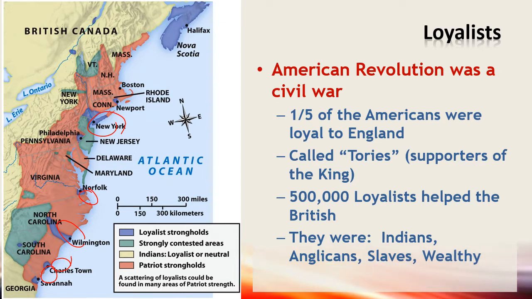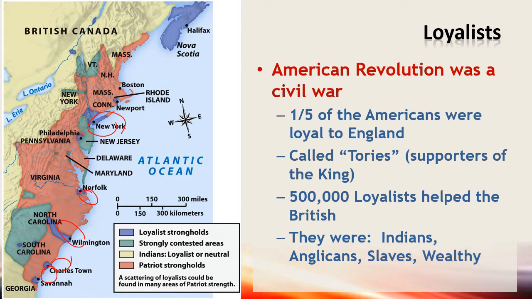If you look on the left, I have a map showing where the Loyalists are concentrated, and you can see that you're going to find more Loyalists in the north. You're going to find more of them in cities. So look at these coastal town areas here, Charlestown, Savannah, Wilmington.